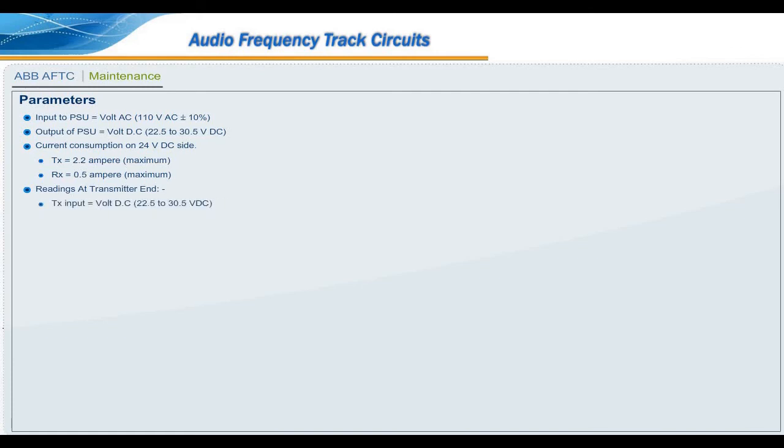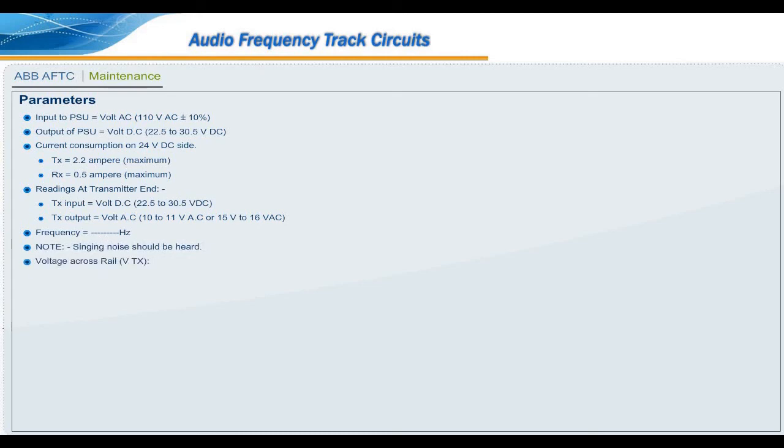Readings at transmitter end. Tx input is 22.5 to 30.5 volt DC. Tx output is 10 to 11 volt AC or 15 to 16 volt AC. Frequency: measure the frequency. Note: singing noise should be heard.